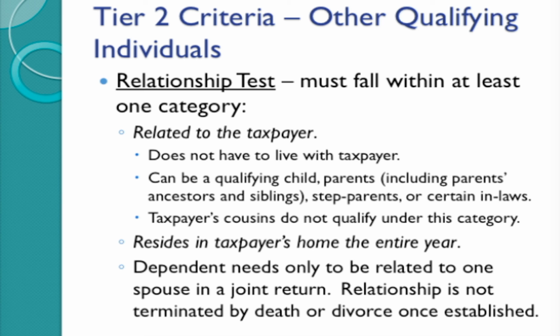Okay, if I then got a divorce, the sister, or what used to be my sister-in-law, if she still lived with me and I could still claim her based on the other parts of this test, then the fact that the marriage that created the sister-in-law relationship in the first place was no longer existent wouldn't matter. Okay, so basically, once you qualify as a relative under this test, you are always considered a relative under this test.